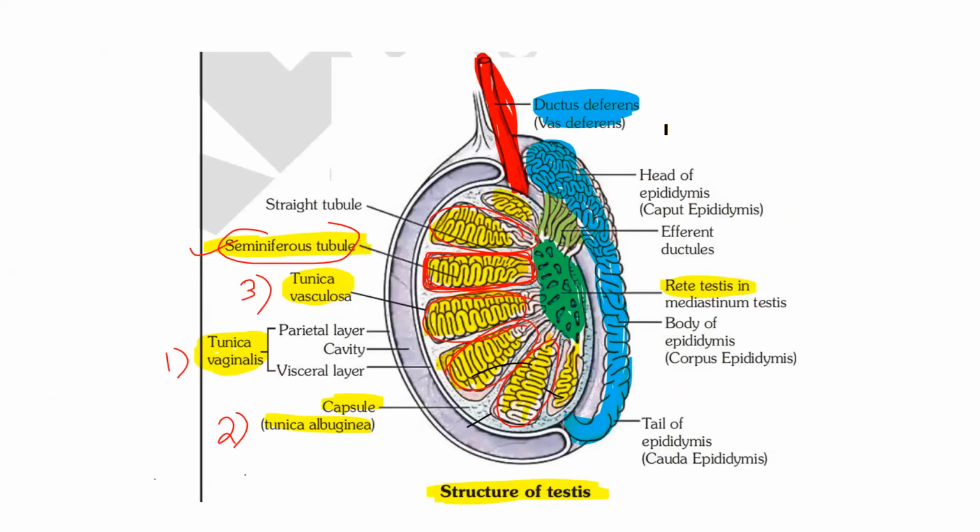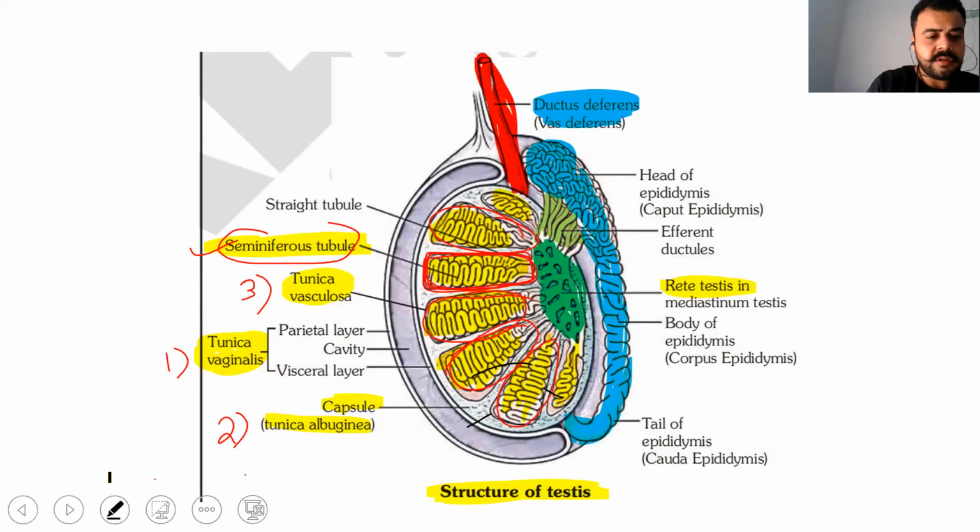Over here, just to remind you, I'd already told you when the lecture started today, you can see that this part is seminiferous. You can see my pointer. All of the testicular lobules, all of the seminiferous tubules will go into this green part.